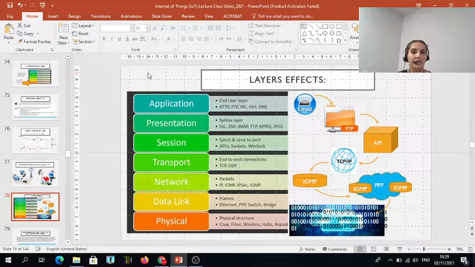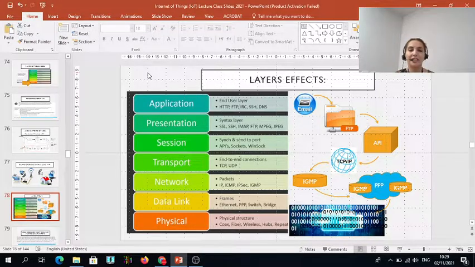Then we will look at PPP in data link, and that means that that package is known as a frame now. And that frame might include multiple of those IGMPs, and they are kind of packed together in order to be just sent.